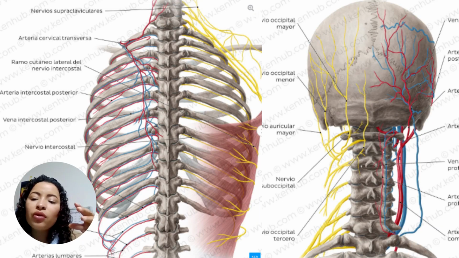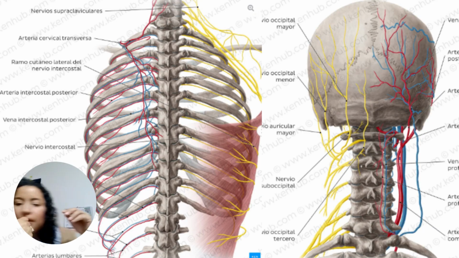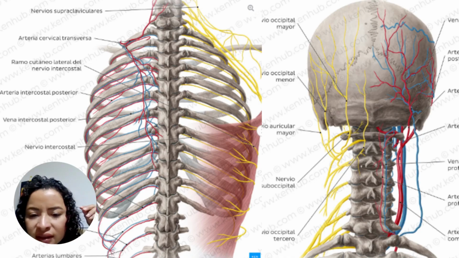Venous blood from the spine drains via spinal veins into the vertebral venous plexuses. The two vertebral venous plexuses drain into the intervertebral veins. These in turn drain into the vertebral and segmental veins of the neck and torso.